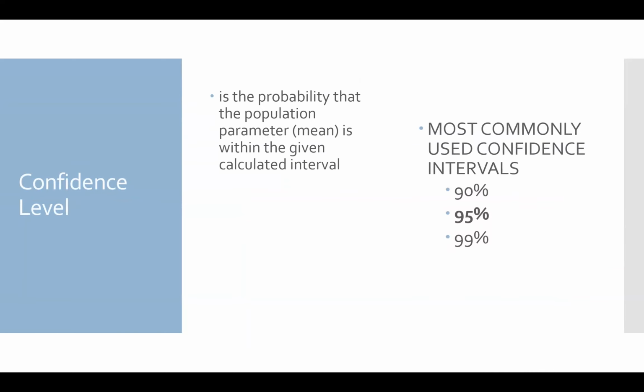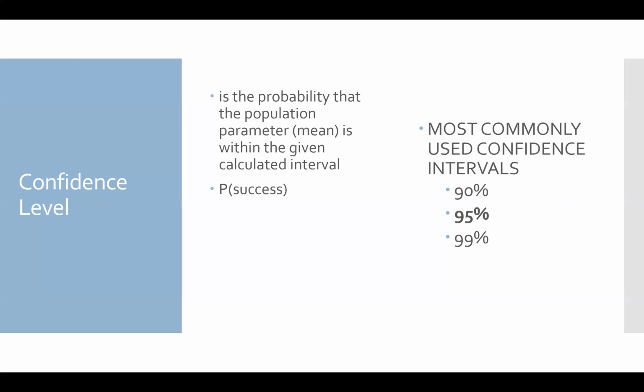The confidence interval is based on the level of confidence we have. The level of confidence, or the confidence level, is the probability that the population parameter is within the given interval. Again, we typically think about it as the probability of success. Success is my population parameter, my mean, falls within that range of numbers.